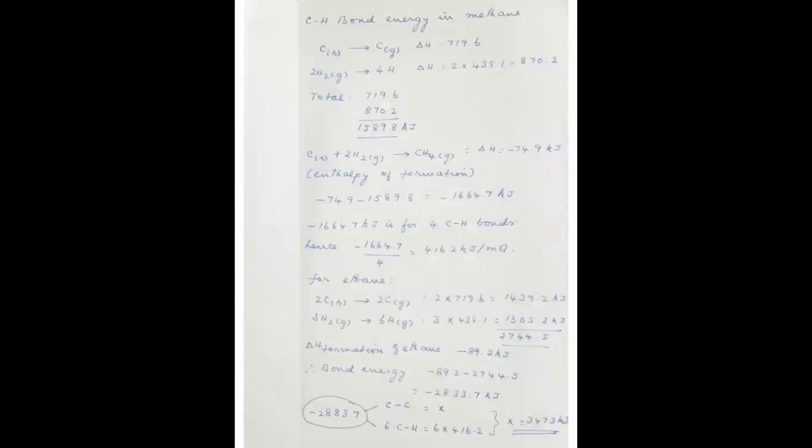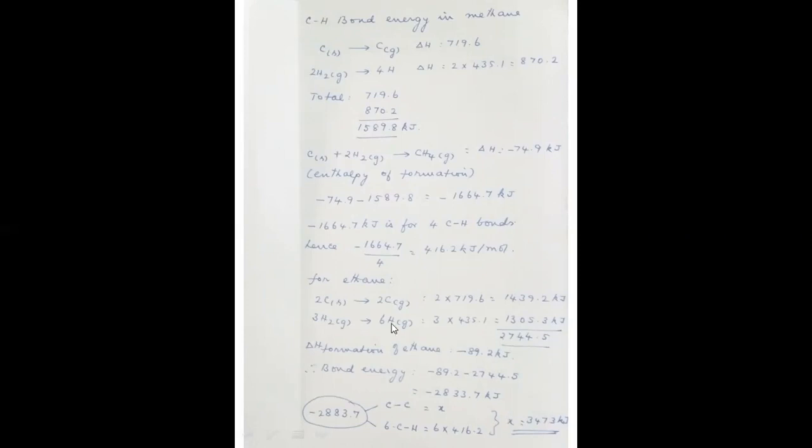Suppose you take the same thing for ethane. In the case of ethane, there are 2 carbon atoms and 6 hydrogens. So it is 2 into 719.6, which is 1439.2 kilojoule. And for hydrogen, 3 molecules of hydrogen are to be broken to get 6 hydrogen atoms. So it is 3 into 435.1, which is 1305.3 kilojoules. So total it is 2744.5.